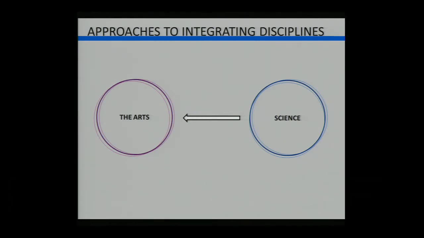KLEIN described these types of approaches as multidisciplinarity, which is the idea that we take the knowledge from other disciplines and apply it to a question of interest within our own discipline. And the outcome of these relationships is only affecting one of those disciplines, the discipline that's asking the question.